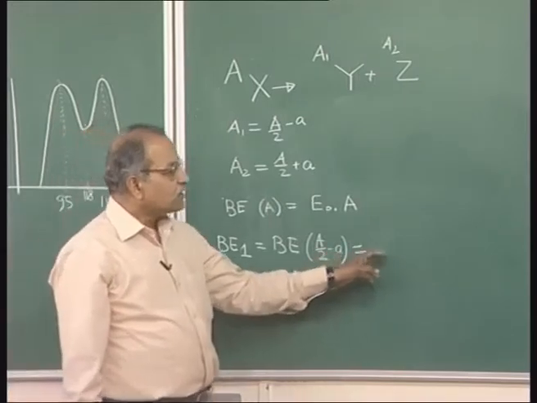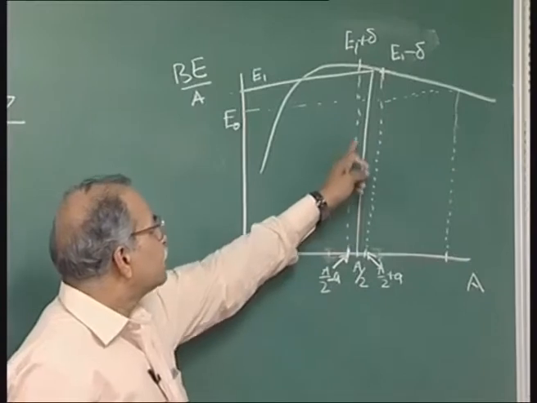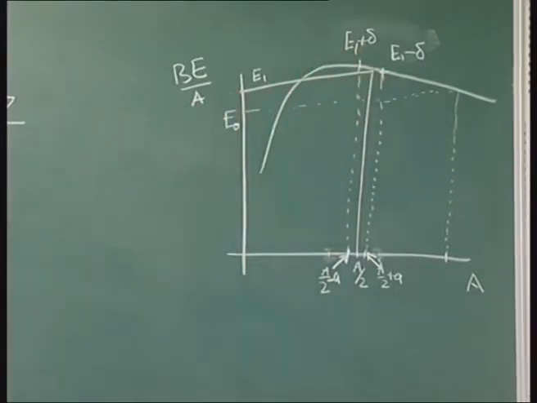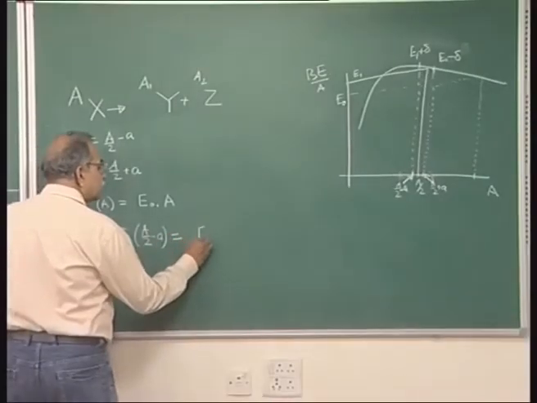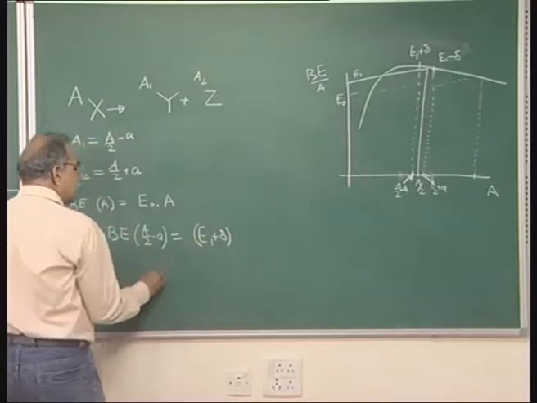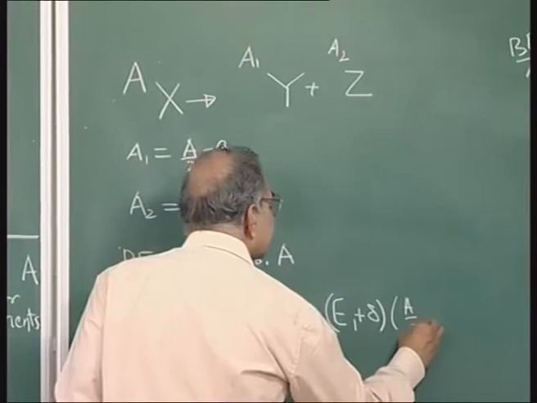On the plot at A by 2 minus a, the binding energy per nucleon is E1 plus delta. So this is E1 plus delta, that is binding energy per nucleon, and that is multiplied by A by 2 minus a.